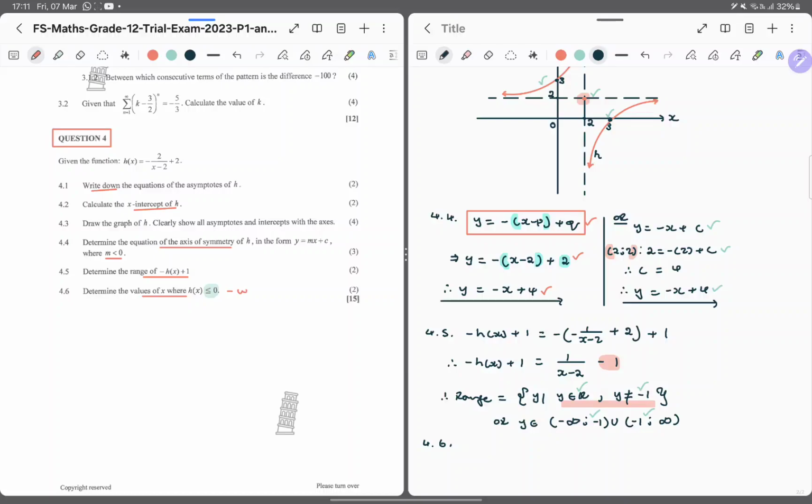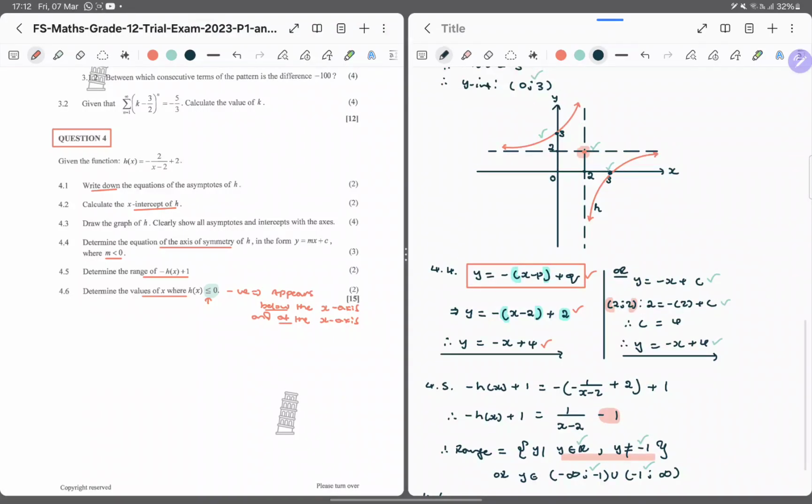This graph is negative when it appears below the x-axis, and at the x-axis, because the equal to part is including it. So this means this graph will appear below and at the x-axis.